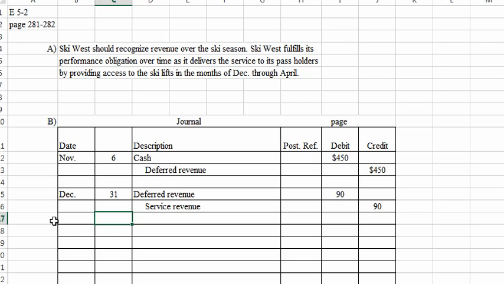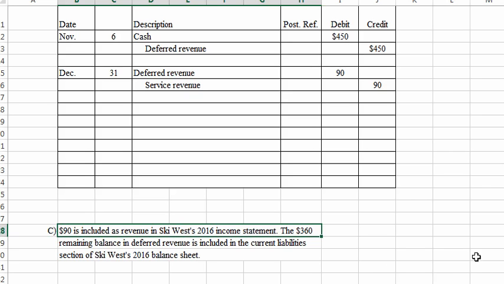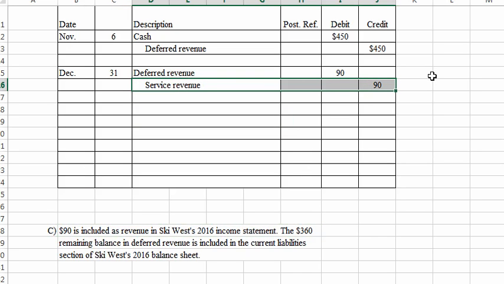Okay, number 3. What will be included in the Ski West 2016 income statement and balance sheet related to the sale of the season pass to Jake Lawson? Okay, you guys, the $90 is included as revenue in Ski West 2016 income statement. We recorded that here as service revenue in an adjusting entry on December 31st, their fiscal year end.